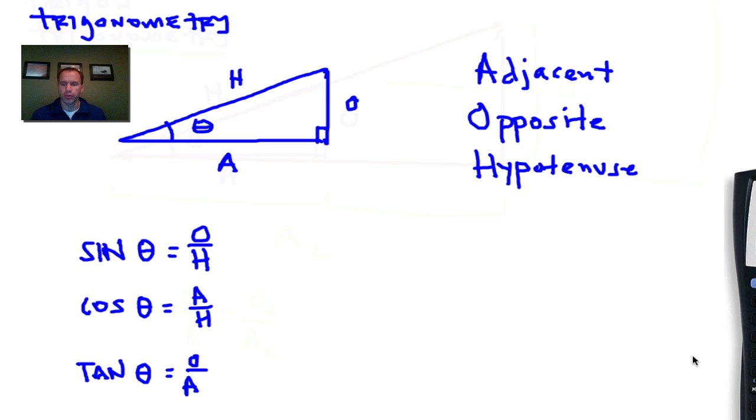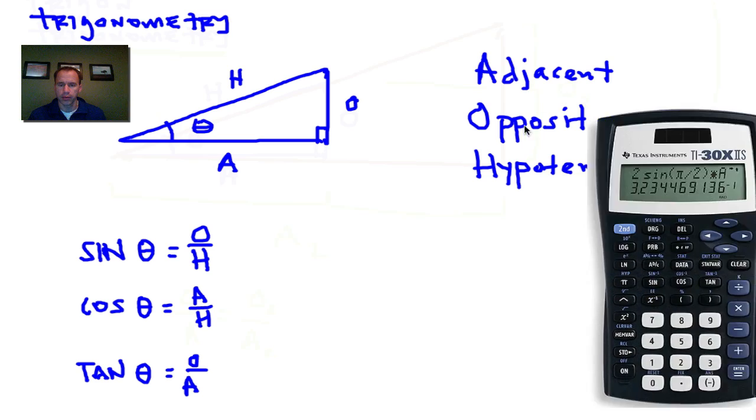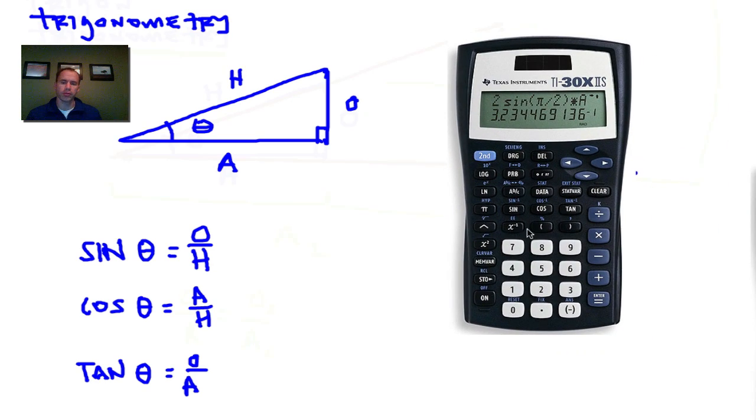Okay, so when you do these, you're going to need a calculator. And this is a calculator that looks pretty much like the ones we have in our classroom. And all you have to do is use these buttons across the middle, sine, cosine, and tangent, right there. Okay, so when you're doing these calculations, let's say that this angle happened to be 40 degrees.